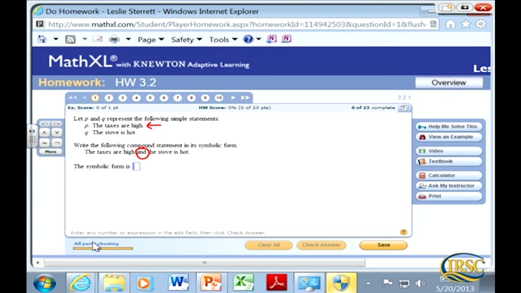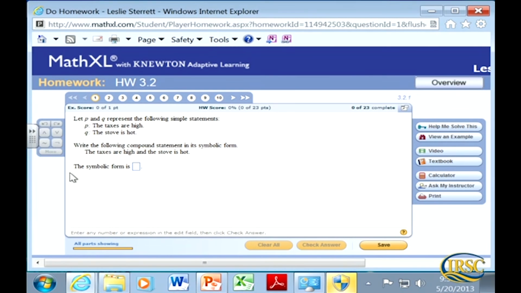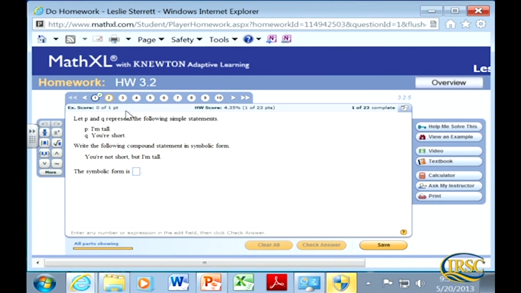The and statement is called a conjunction. The upside down V doesn't have a special name like the negation symbol does. It's just an upside down V, or the symbol for and. So I'm going to type in here P and Q. Good job. So then, moving on, let's look at this one.